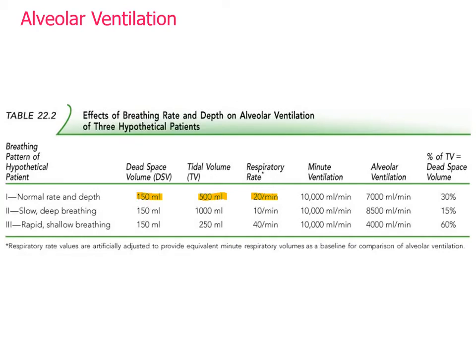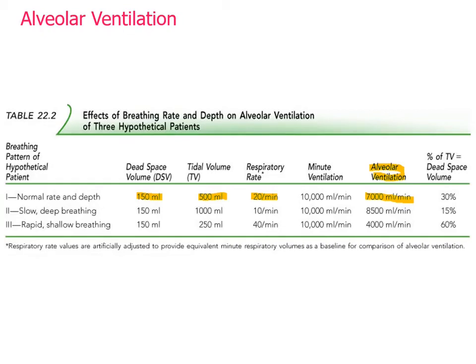That's 500 mLs times 20. That's minute ventilation. But for the actual alveolar ventilation, you have to subtract dead space volume. So that's 7 liters per minute on average.